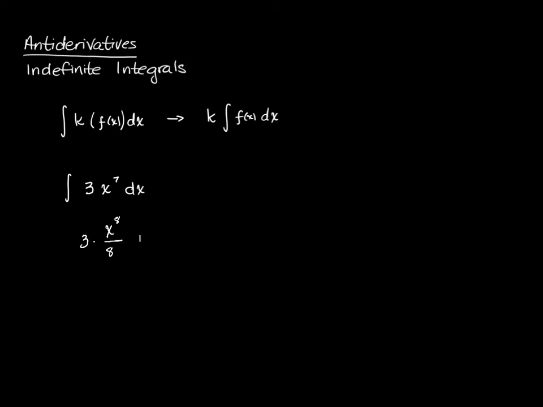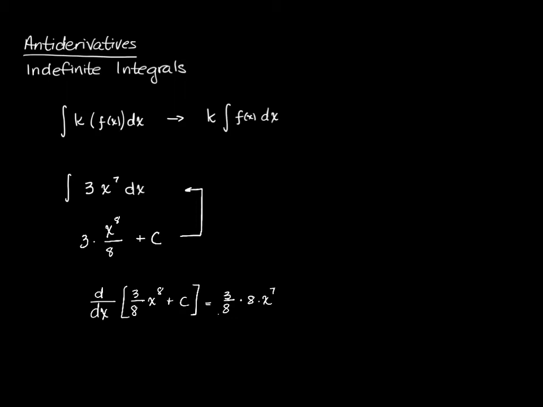And to check this, I'll take the derivative of the function that I have found and show that it equals 3x to the 7th. The derivative of 3 over 8 x to the 8th plus c is 3/8, the constant, times 8 times x to the 7th plus 0.